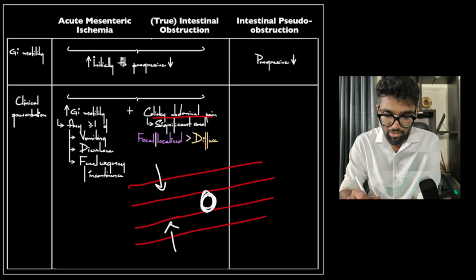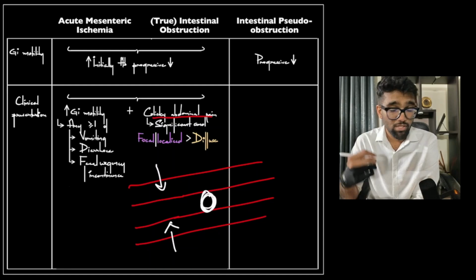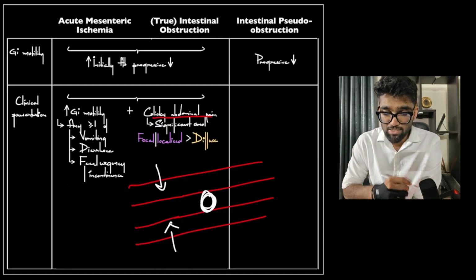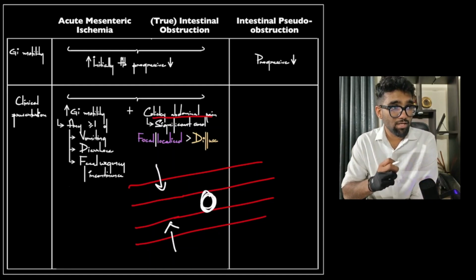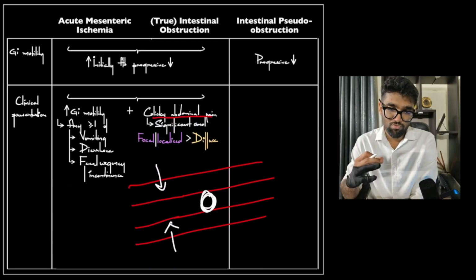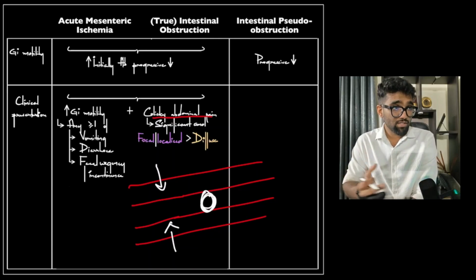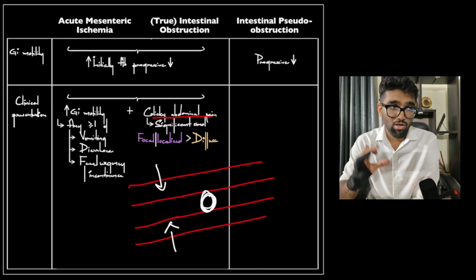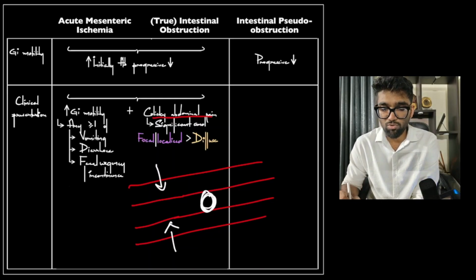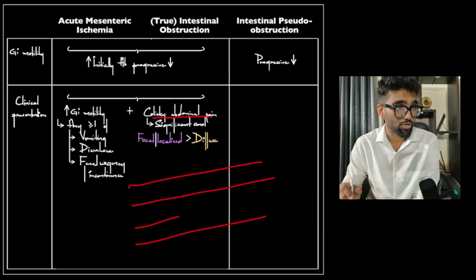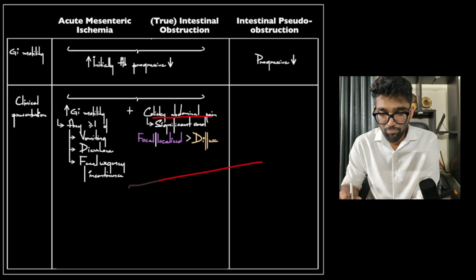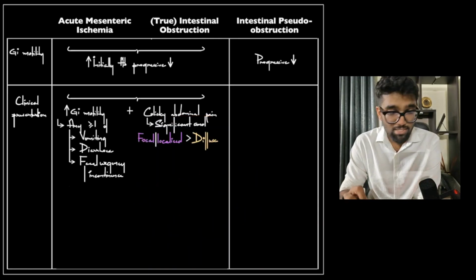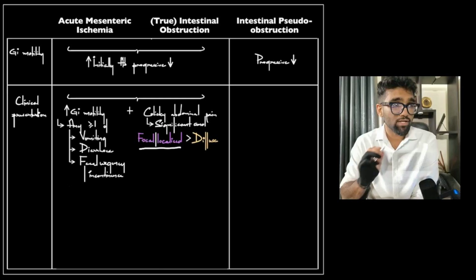At that point of time, there is further compromise of the blood supply to that intestine, and that causes a sudden pain, which increases because of the increased oxygen demand within the wall of the intestine. That sudden pain is very acute in onset, lasts for some time, and then resolves as the bowels subsequently develop hypomotility. So now, importantly, this abdominal pain is focal and or localized more than diffuse.